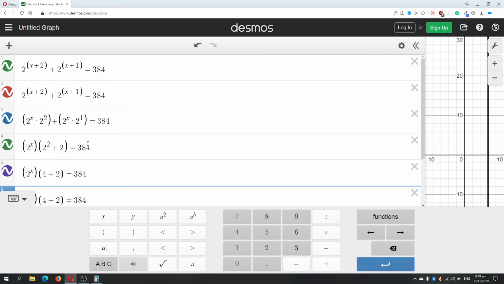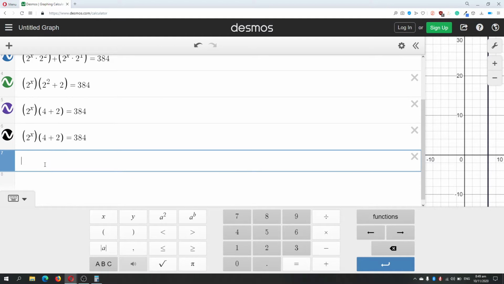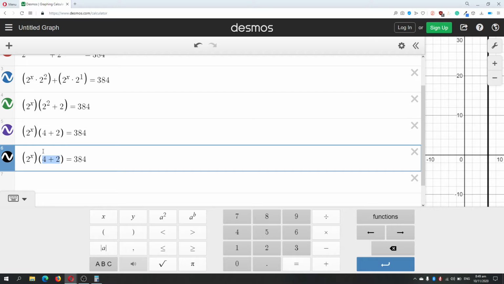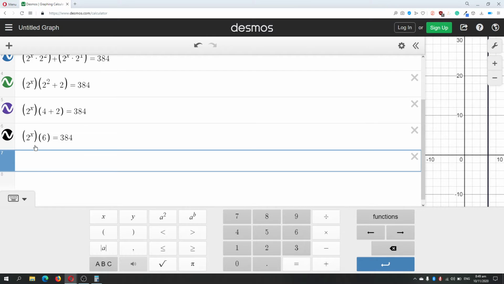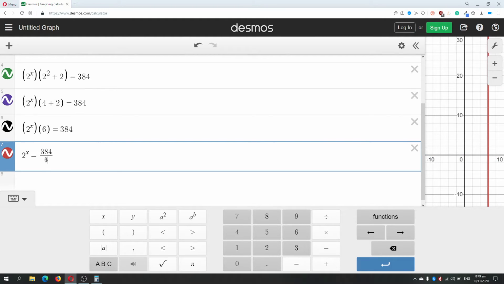So, why ina-add? Kasi ito, common monomial factor siya, distributive. Kaya kinuha natin common monomial factor. So, that is equal to 6. Since minumultiply mo yung 6 sa 2 raised to x para makuha yung 384, i-divide natin yung 384 sa 6. So, that will be 2 raised to x is equal to 384 divided by 6.